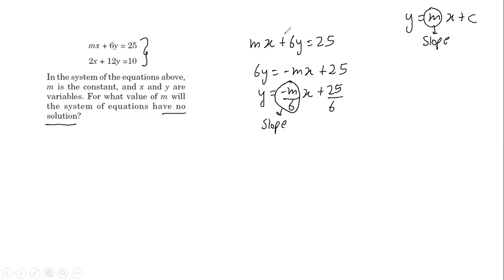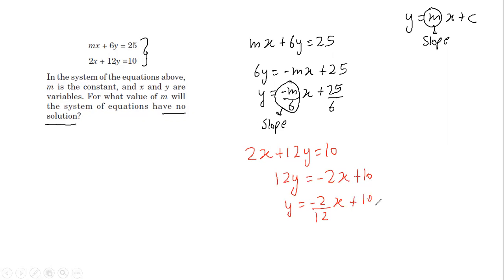Now let's take the second line, which is 2x plus 12y is equal to 10. Here I'll convert it to the standard form. 12y is equal to minus 2x plus 10, and y will come out to be minus 2 over 12 into x plus 10 by 12. Now from the second equation, the coefficient of x is the slope of the second line.